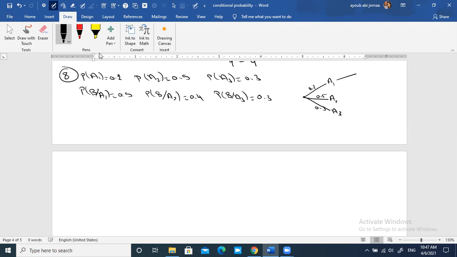Then B, here B given that A1. Here, probability B given that A1 is 0.5.